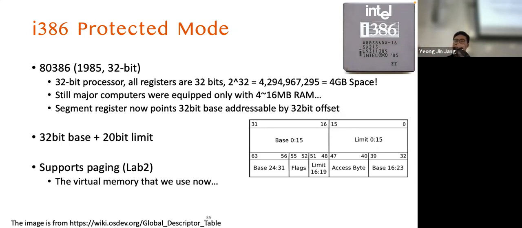If you recall, I verbally told you that the table index is 0, 8, 16 or something; the reason is that each entry is 8 bytes. You will be much more clear when you get to lab 2, because you need to play with this data structure to enable the protected mode and virtual memory for your JOS.